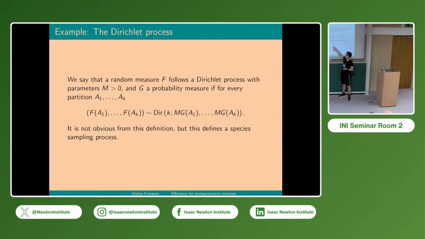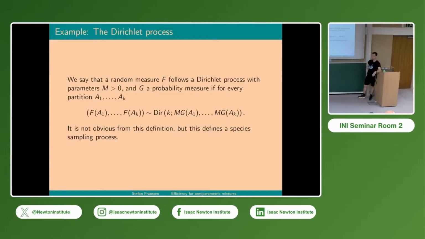So I have two parameters, M and G. G is a probability measure, M is a positive real number. I take M times G of the first set up to M times G of the last part of the partition.